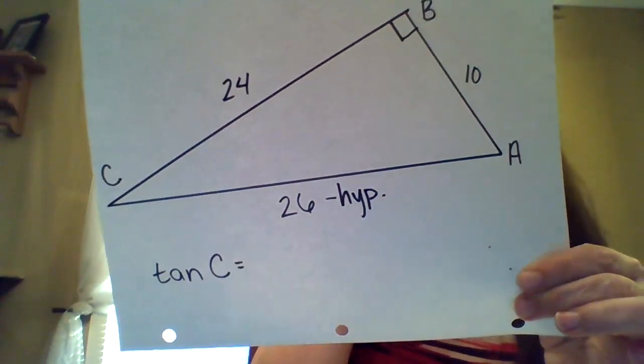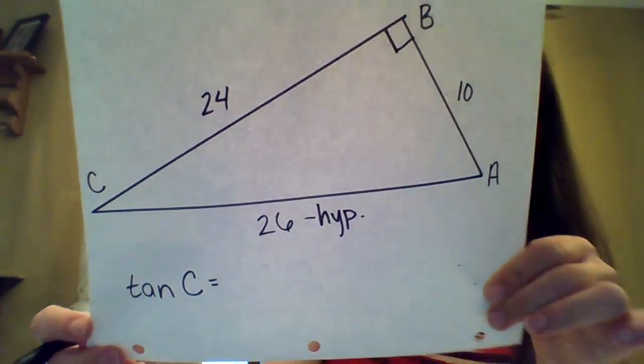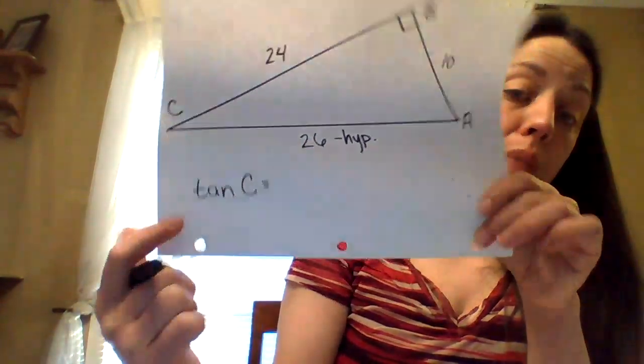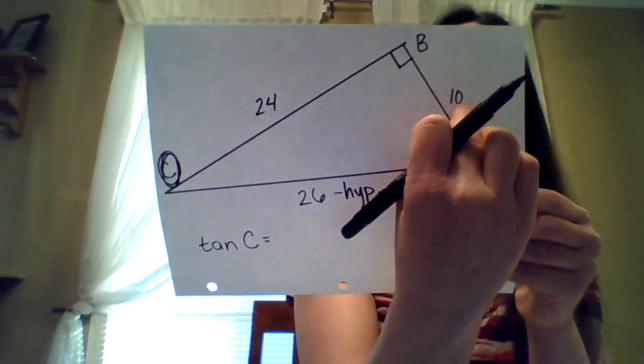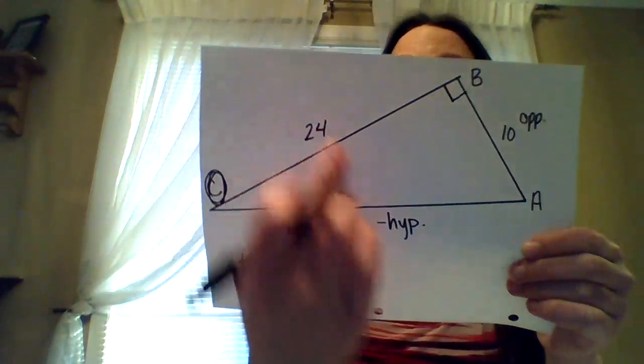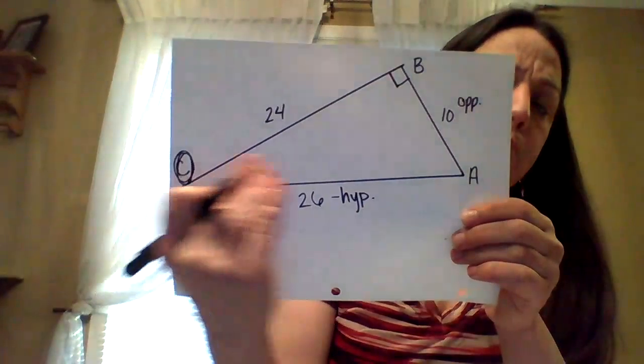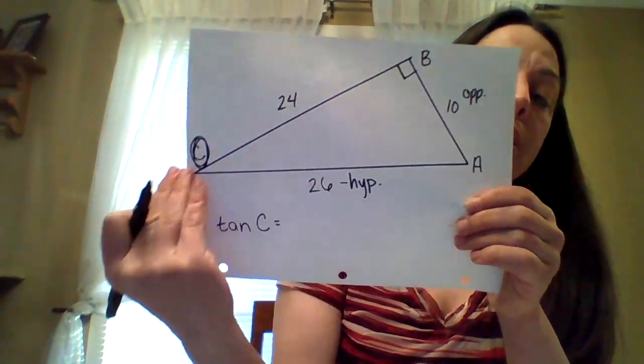What is the most important angle that our problem is asking us about? Thank you, angle C. So I'm going to circle angle C, go across the triangle from it. So 10 would be opposite. Go next to it. Remember, don't pick the hypotenuse. The hypotenuse is next to C, but we've already labeled that. So next to it is 24.